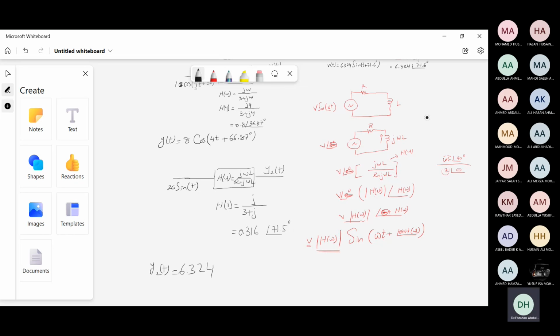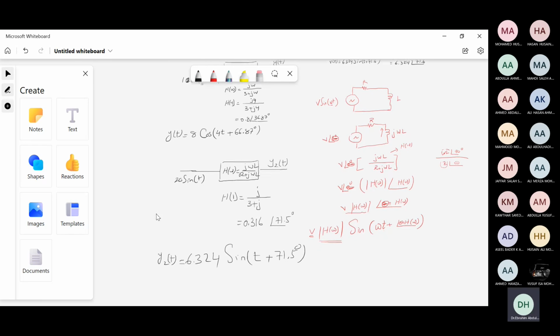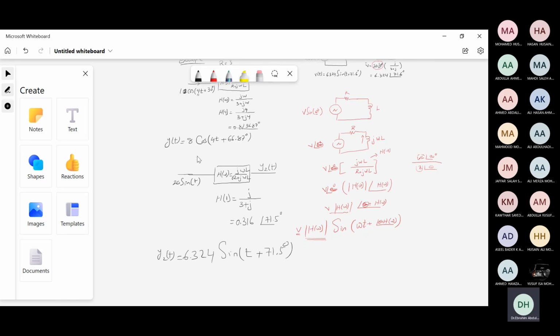We use sine here, omega equals 1, so 1 multiplied by t, angle equals 0 plus 71.5. So now if you combine these two together, then the output will be equal to y1 plus y2.